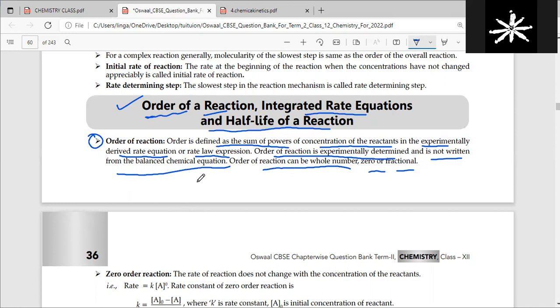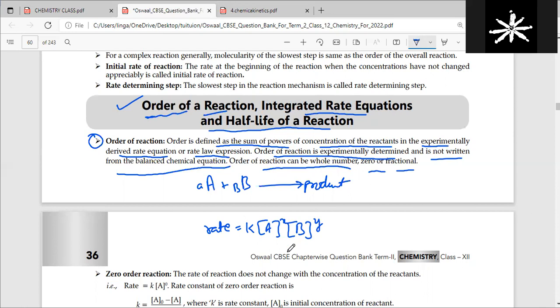Yesterday, already I told you, A plus B is giving product, suppose. Then the rate is equal to K into A to the power of x and B to the power of y.